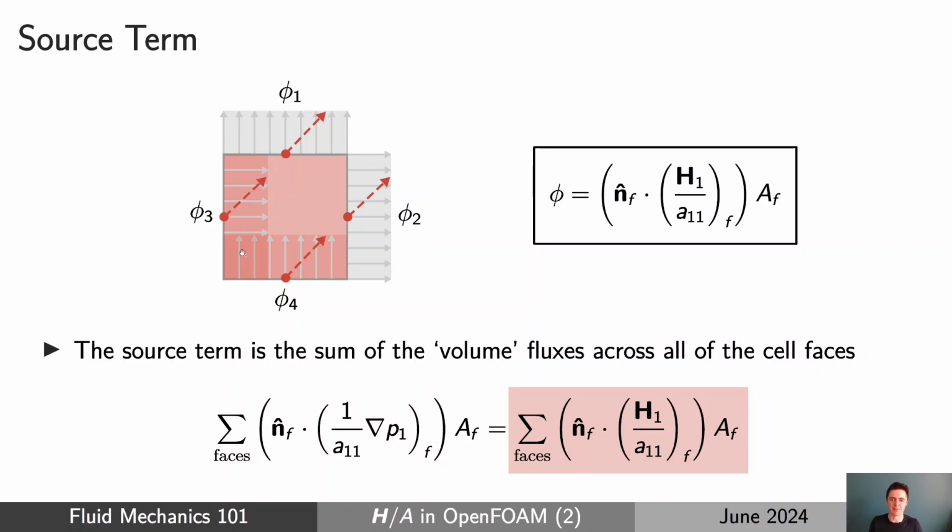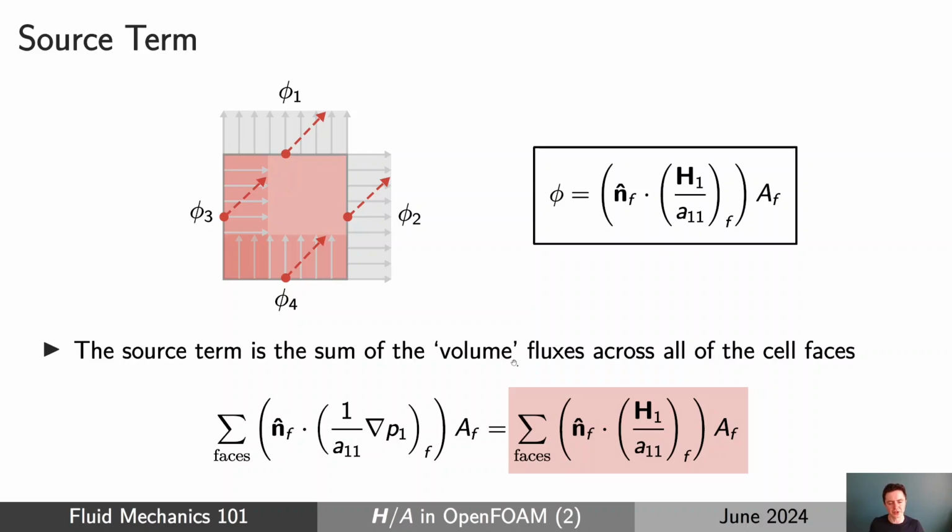And if these two terms balance, if we think back to our original equation for u is equal to HbyA minus 1 over A11 times the gradient of the pressure field, then those two terms will be equal and the continuity equation will be satisfied.